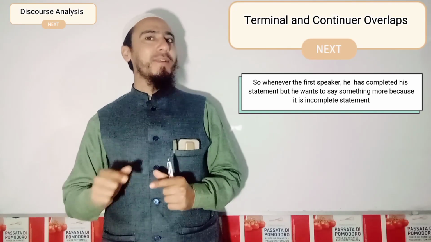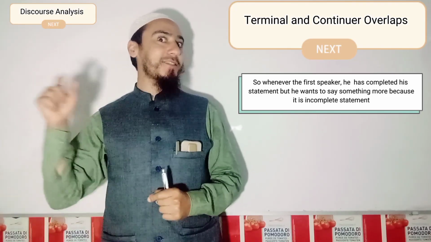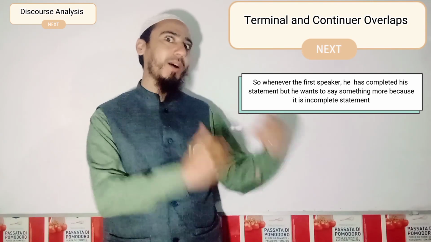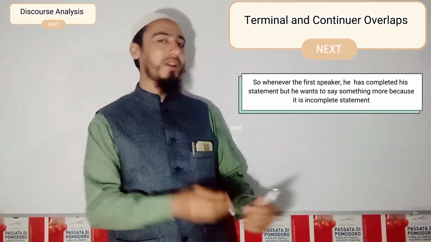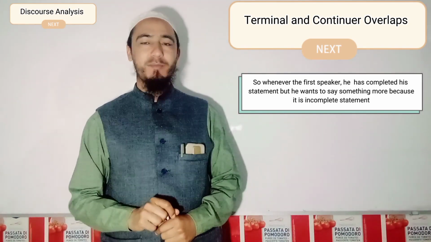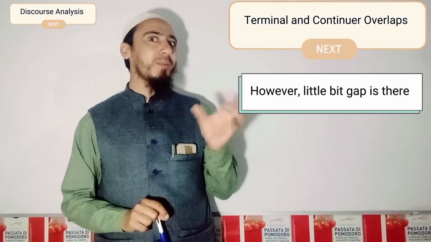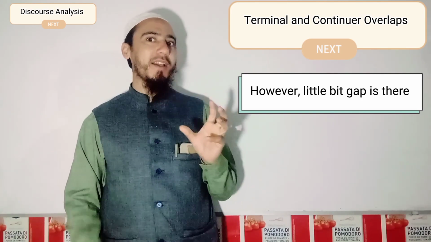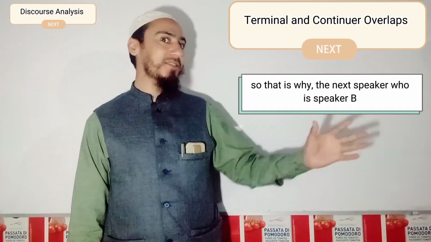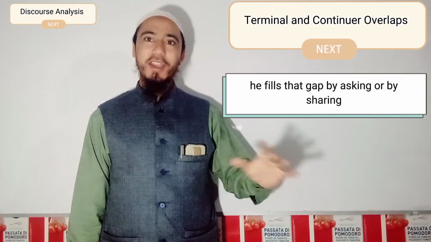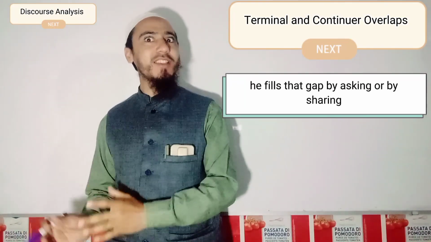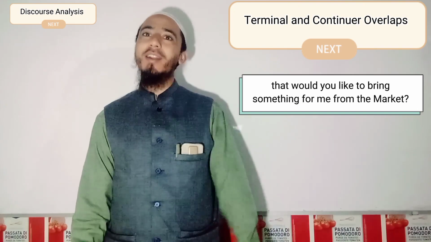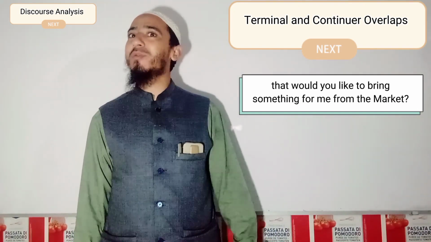So the first speaker has completed his statement, but he wants to say something more because it is an incomplete statement. However, there is a little gap, so the next speaker, speaker B, fills that gap by asking, would you like to bring something for me from the market?